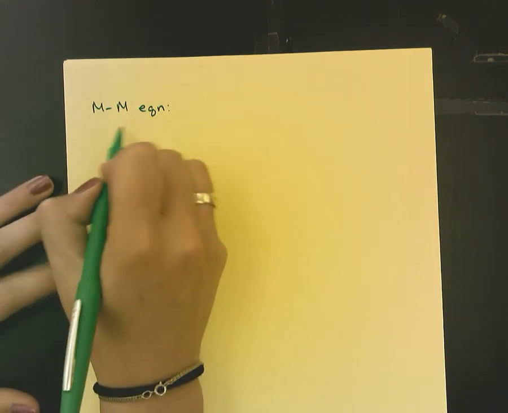So the Michaelis-Menten equation, I don't have PowerPoints for this obviously, so we're just going to work through some of that on plain paper. When you're thinking about it, these are the things you need to know.